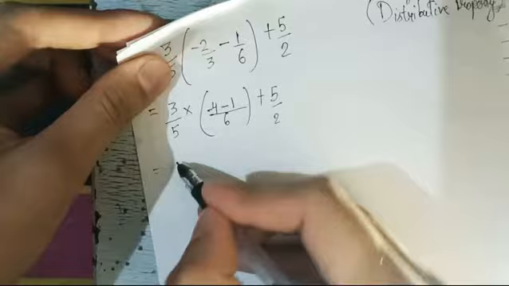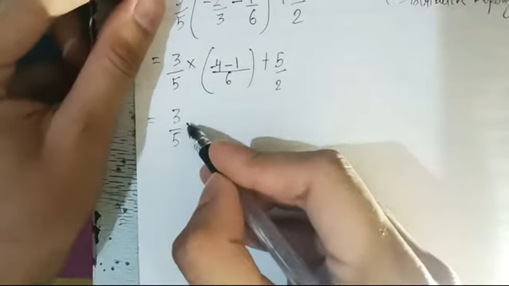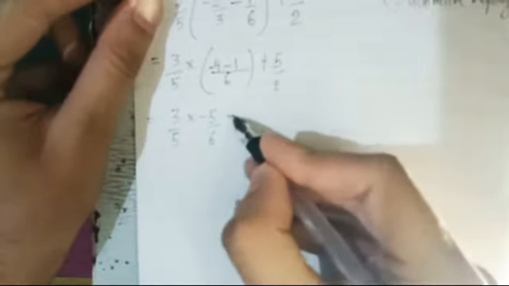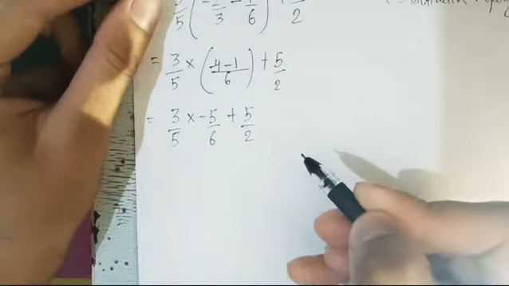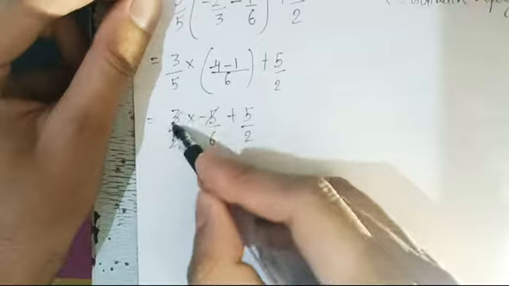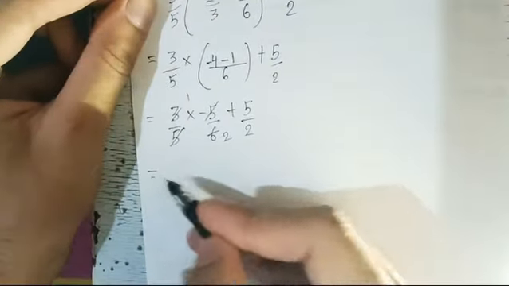Okay, now again solving the bracket first. So 3 upon 5 into minus 5 upon 6 plus 5 upon 2. Okay, this 5 and this 5 will cancel out. 3 will divide 6 2 times. Okay, so what will be the answer?